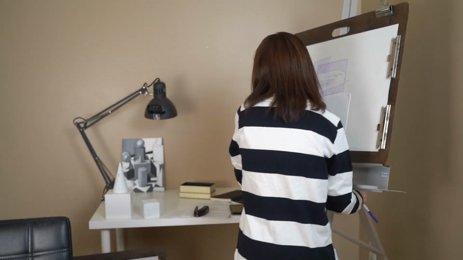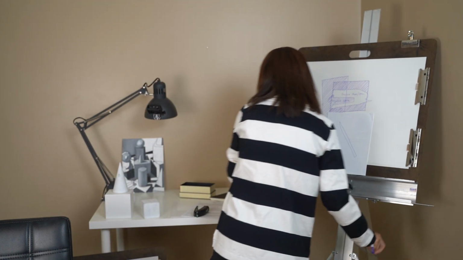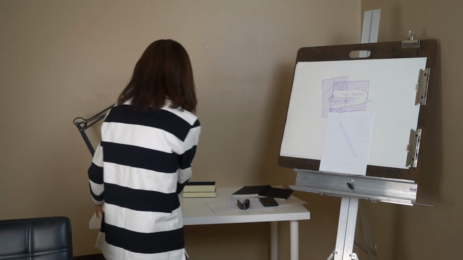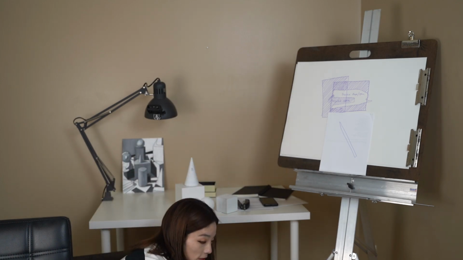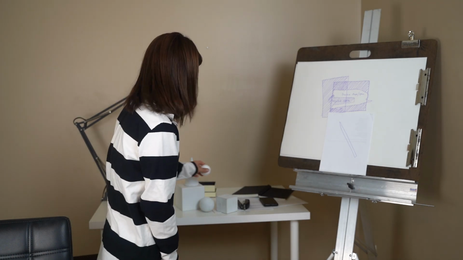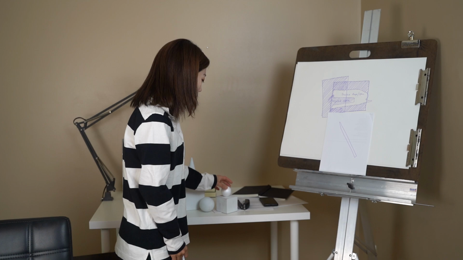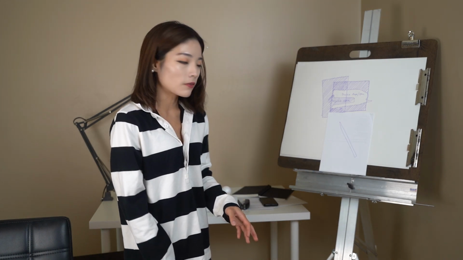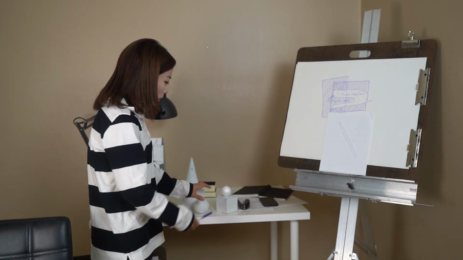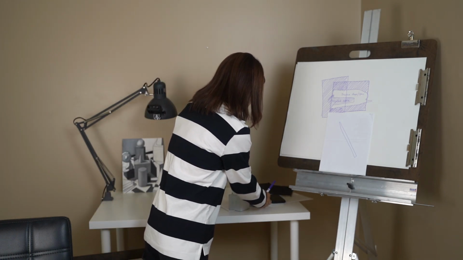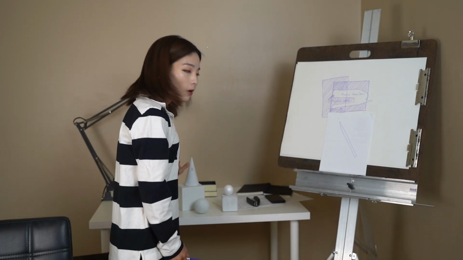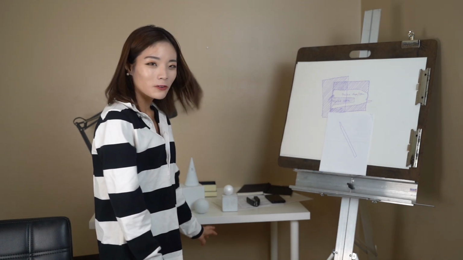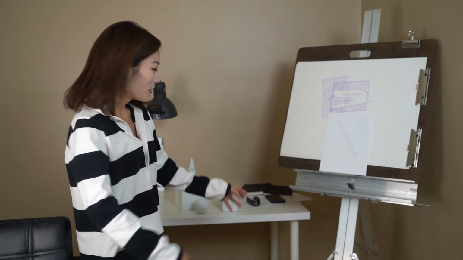Let's say you're working on a very complex still life. This isn't that complex, but think of the still lifes I've shown you that you had to do for your contour still life drawings. When we look at a still life, usually we just focus on, oh, it's a cone, oh, it's a cube, balls and another little cube.